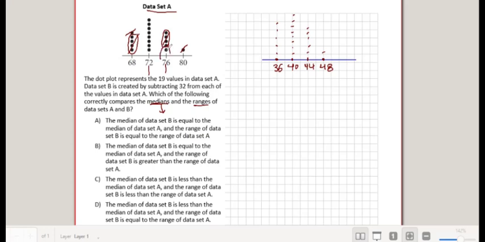This column that contains only 1 dot, and this column that contains 8 dots. If we are left with the 2 columns, choose the bigger one, I mean the column that contains more dots. This one is representing the median. So the median is 72. The median value of set A is 72.